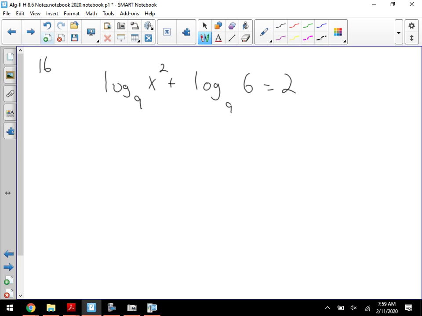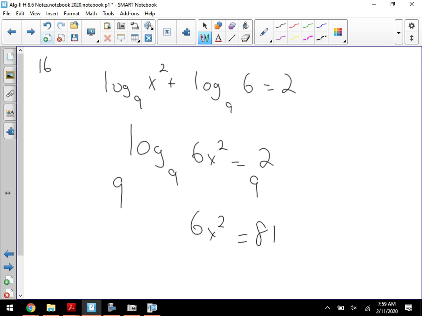Okay? So you have to condense the log first. So you wind up with log base 9 of 6x squared is 2. Now you have to undo the log. To undo the log, we have to exponentiate it. Okay? So you have 9 to the log base 9 of 6x squared is 6x squared. And this becomes 9 squared on the other side, which is 81.